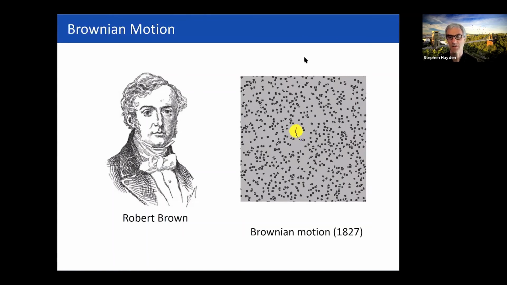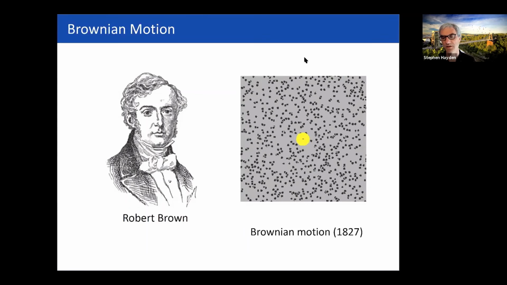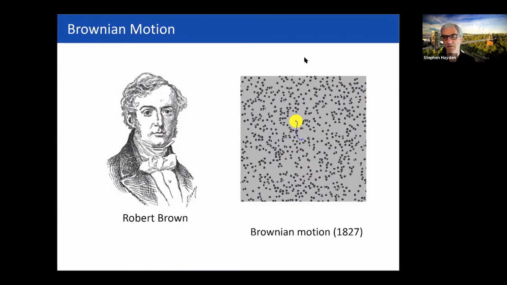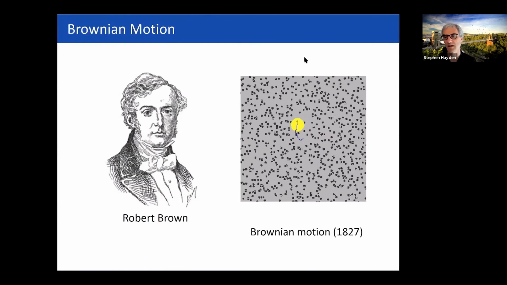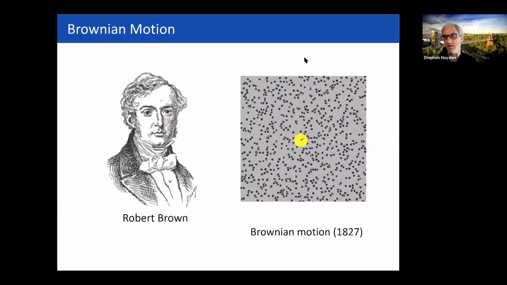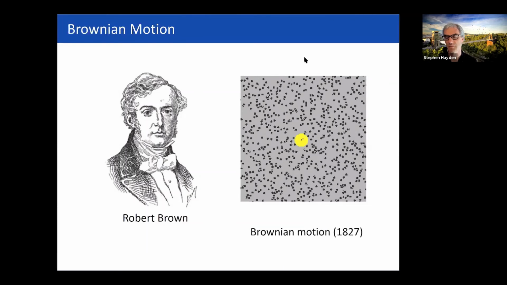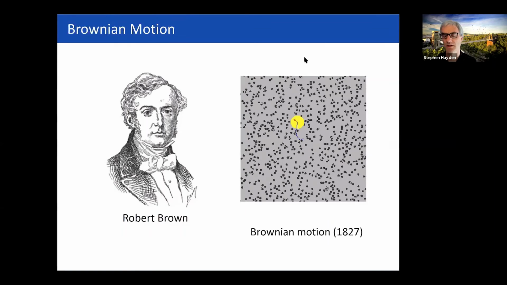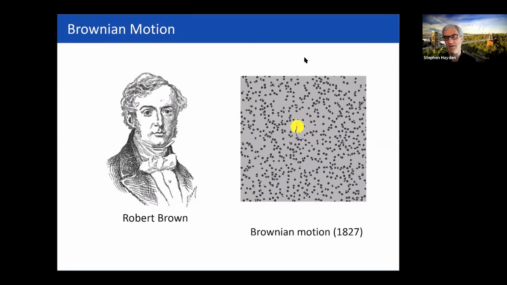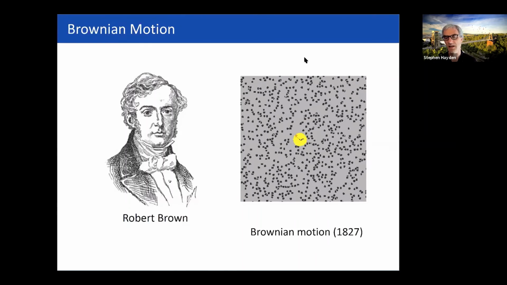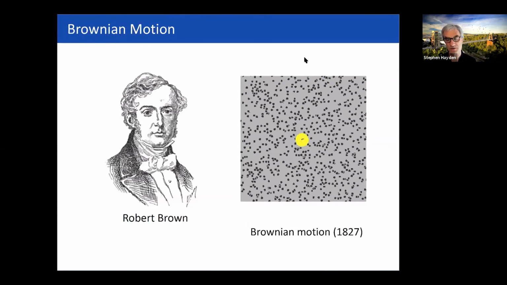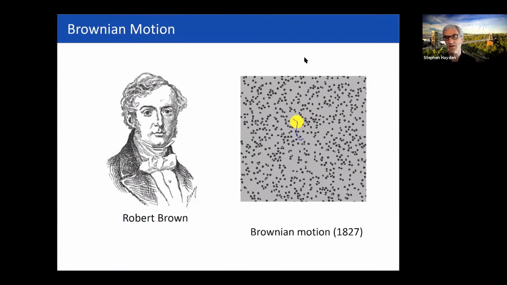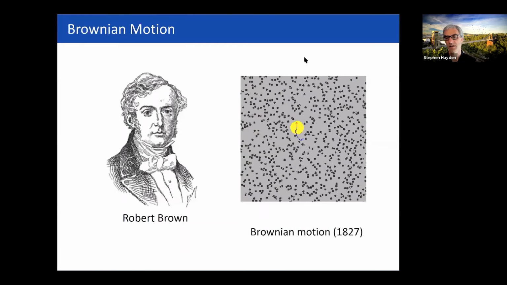It's illustrated by this graphic on the left, where the yellow thing is supposed to be the pollen molecule, and the black dots are the atoms in the liquid, which bombard the molecule and cause it to move around. So if one looks at the pollen molecule, it indirectly tells you something about the motion of the atoms, and fundamentally the motion of the atoms is driven by thermal agitation.